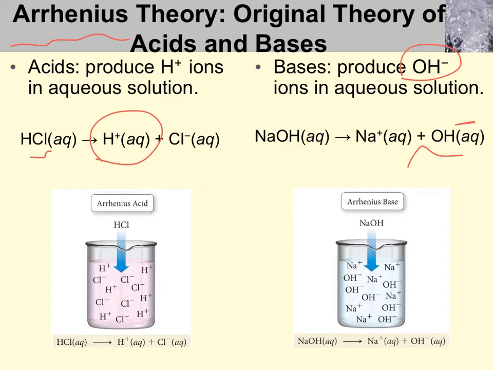There is a more recent definition that's a little bit broader than that. But I want you to realize that anytime you're talking about aqueous solutions and you have hydrogen ions or hydroxide ions, that solution likely has a pH that is not neutral.